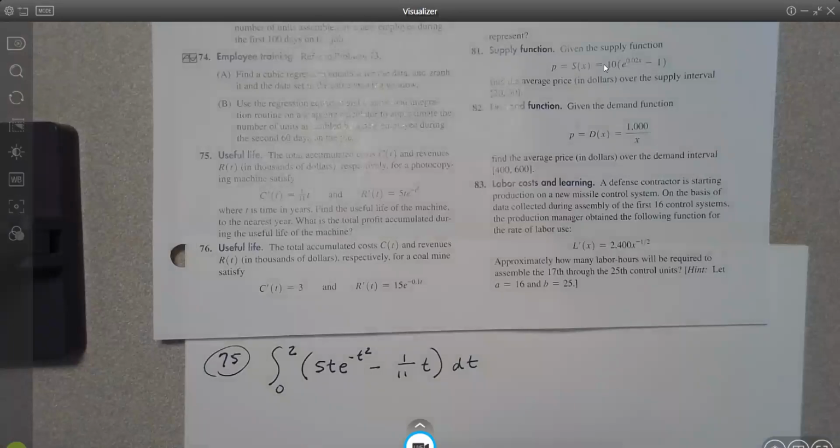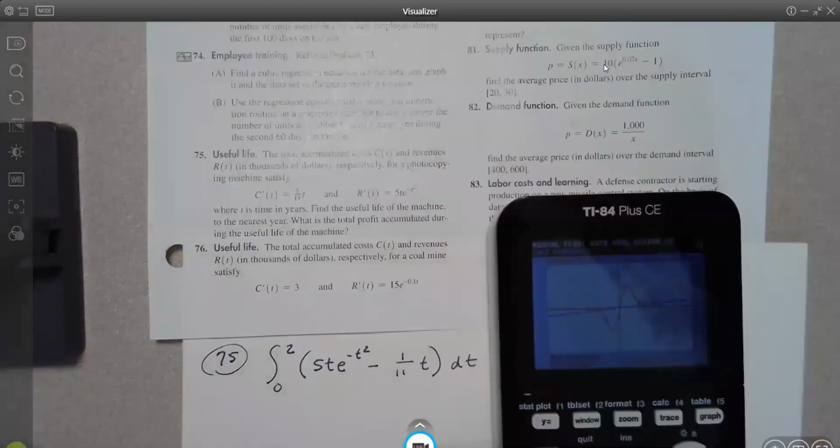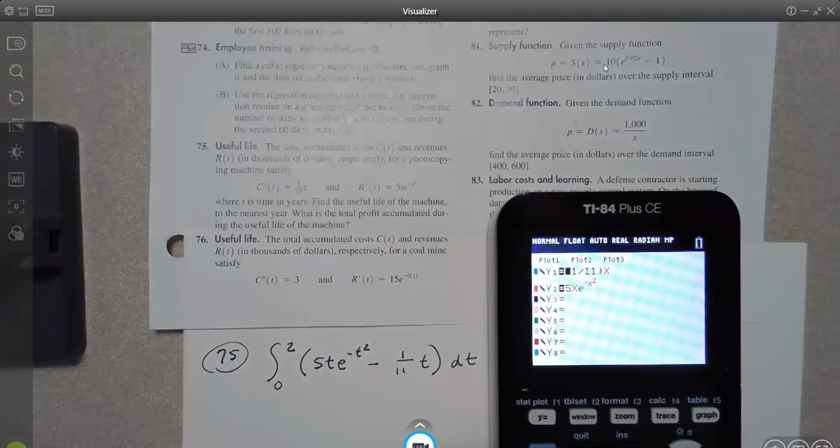So the next thing on this one, now I can't use this because when this thing graphs, it has to be with respect to the x-axis. So let me go back to y equals. I'm going to clear that one off and go down to this one so I can put in the rest of this.